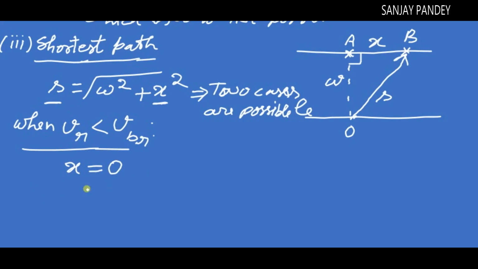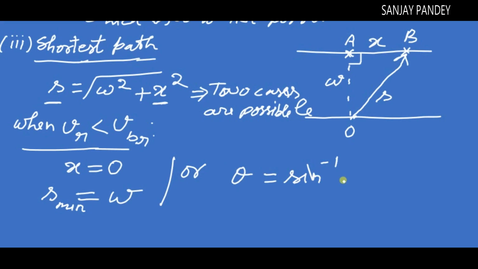And as a result, S minimum is equal to W, or theta is equal to sin inverse Vr upon Vbr, at theta.